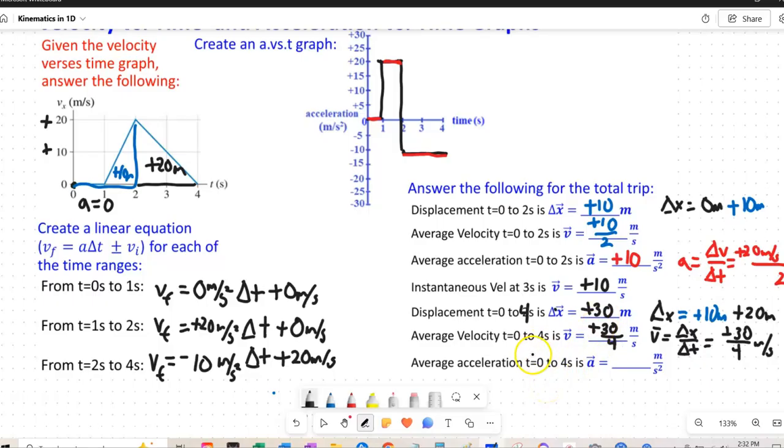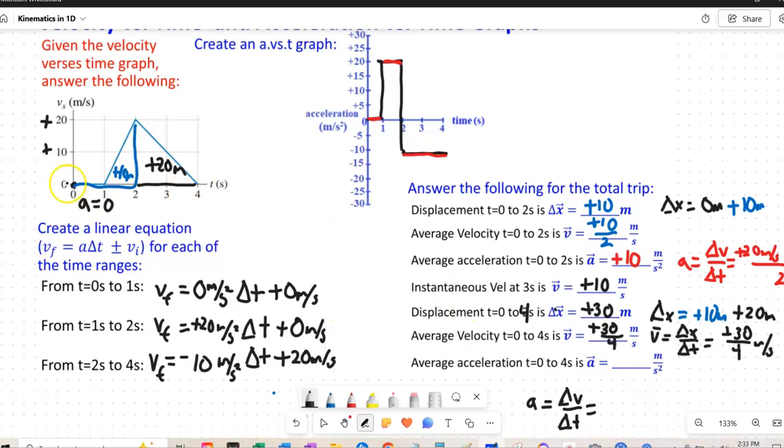So the average acceleration, which is the change in velocity over change in time for the whole thing from beginning to end. So we started with a velocity of 0 and we ended up with a velocity of 0, right?